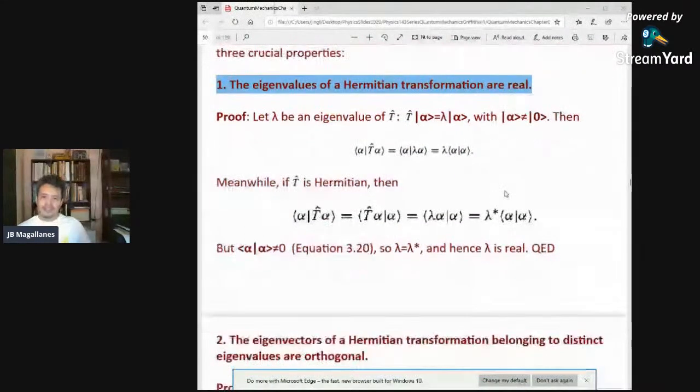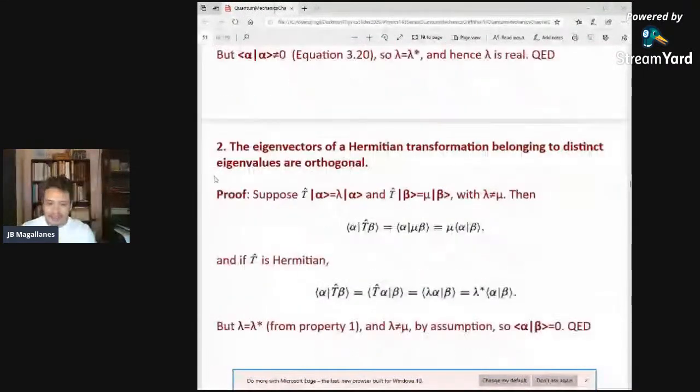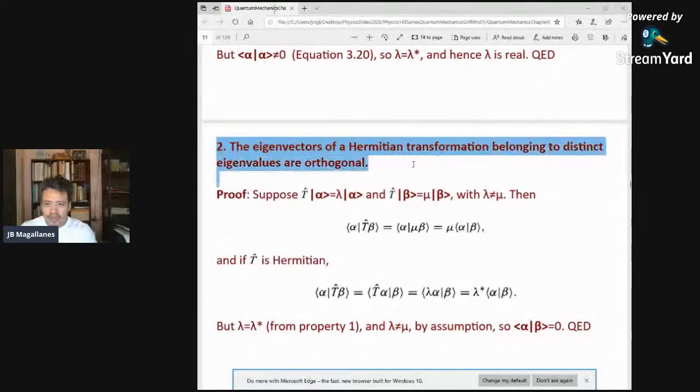The next property is that the eigenvectors of a Hermitian transformation belonging to distinct values are orthogonal. So only Hermitian transformations have eigenvalues and eigenvectors that are orthogonal.